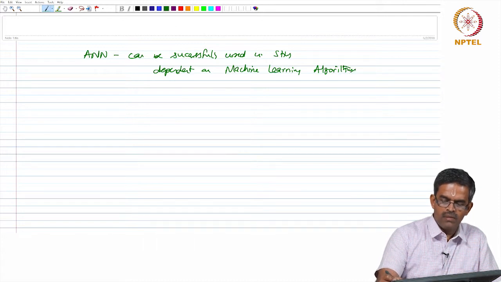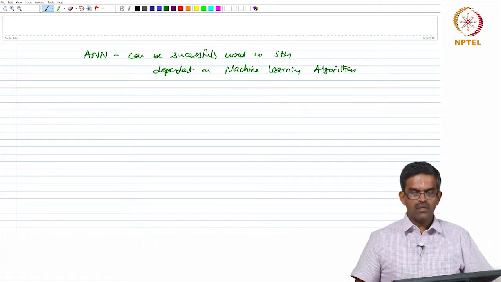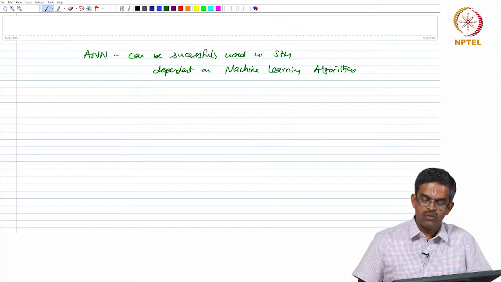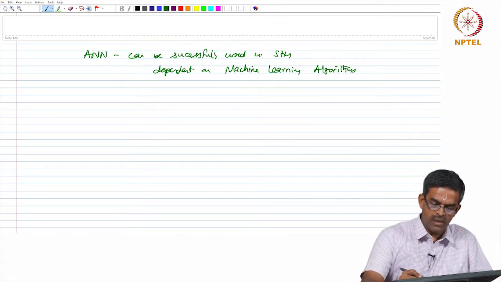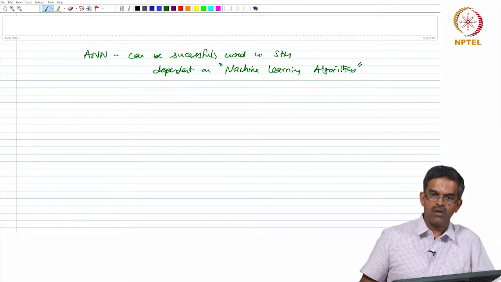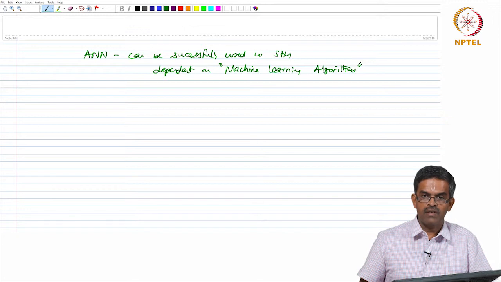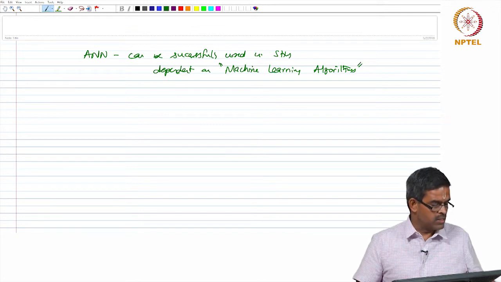Because ANN has to use certain level decisions at the sensor level to process the data to make it intelligent. So, one needs to understand the machine learning algorithms' effectiveness on the neural network when they are deployed in health monitoring systems.